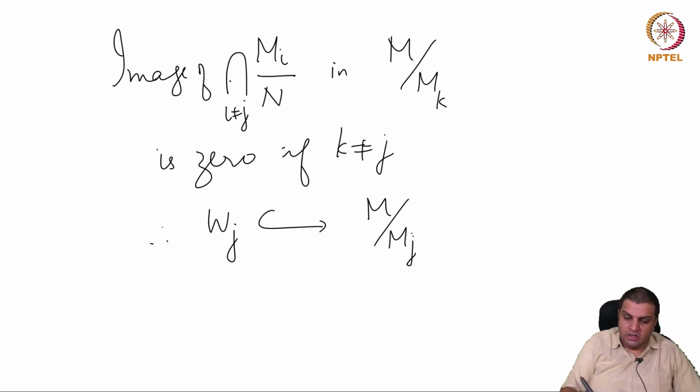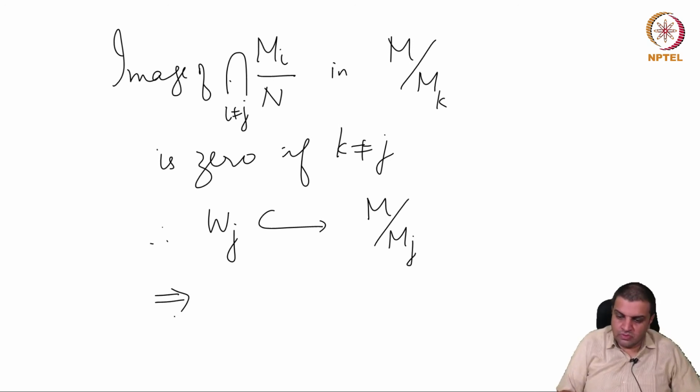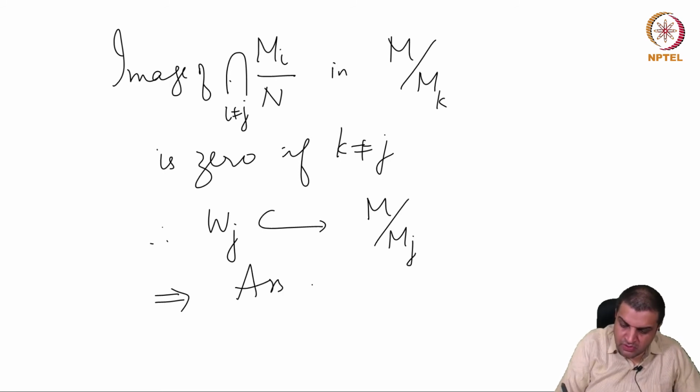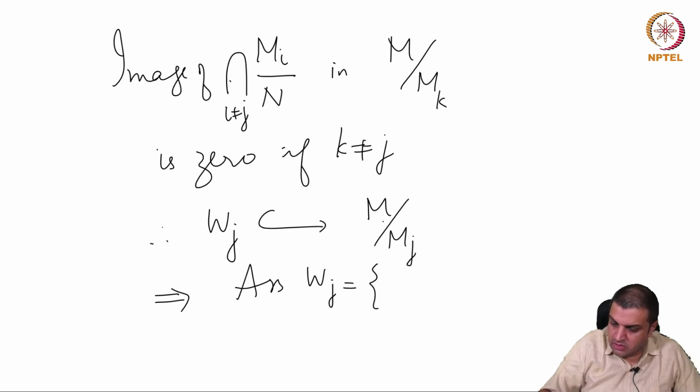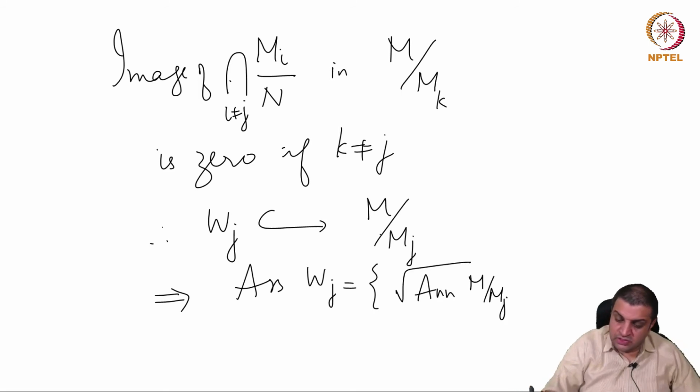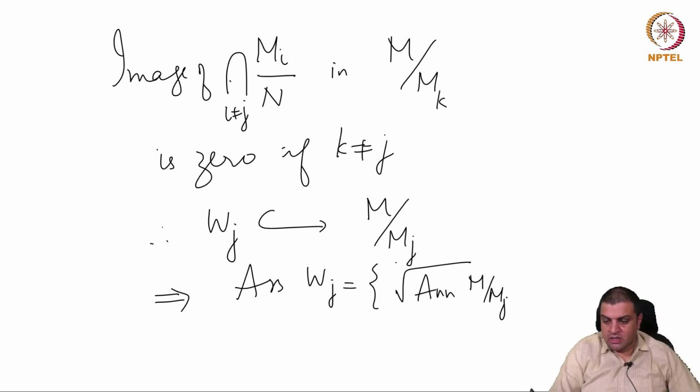In other words, the associated primes of Wj are the radical of the annihilator of this one. This is a primary module, and the radical of its annihilator is some prime ideal, and it is primary to that prime ideal.